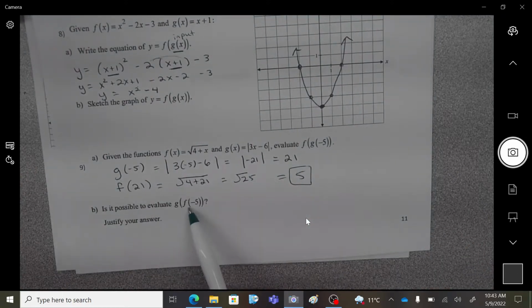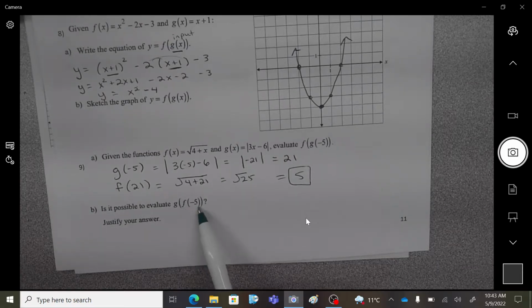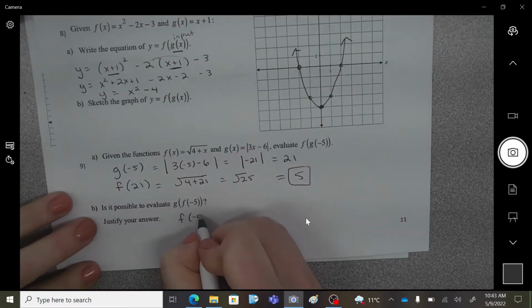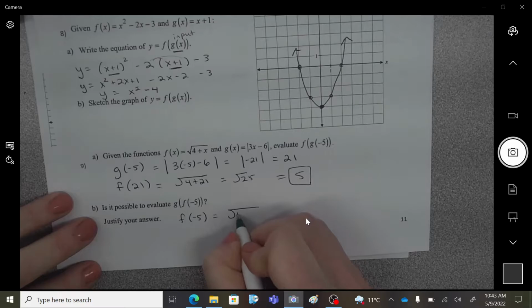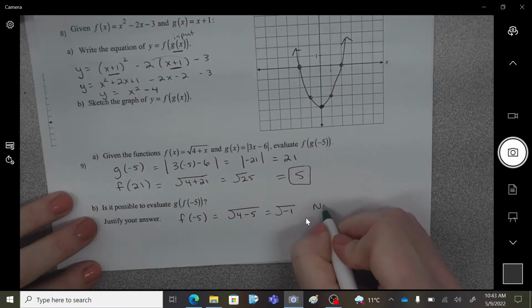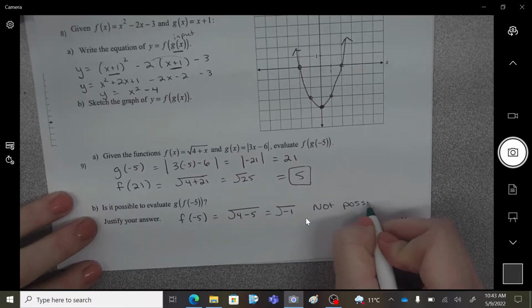Is it possible to evaluate the other way around? If I did the f of -5 first, this would not be possible.